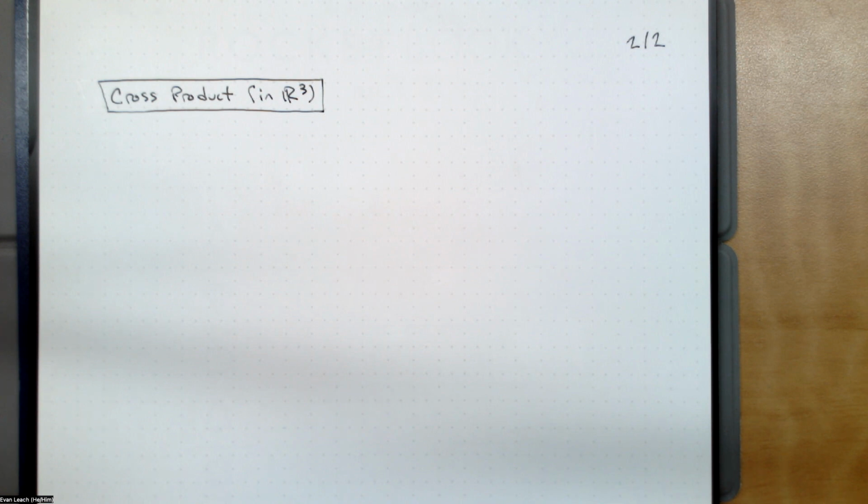Here's one of the things that we will want to use the cross product for. When we find the cross product of two vectors, we're going to get a vector that's perpendicular to both of those vectors. That's what we care about.